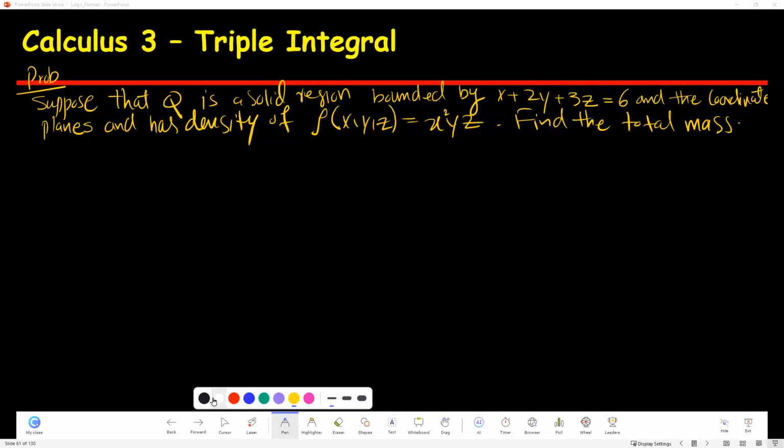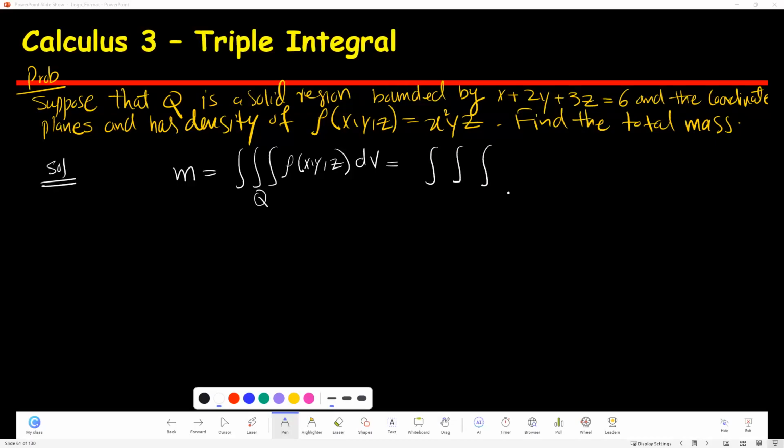We write the same expression: the triple integral over Q of rho dV. Now I'm going to substitute the density function directly into the triple integral.